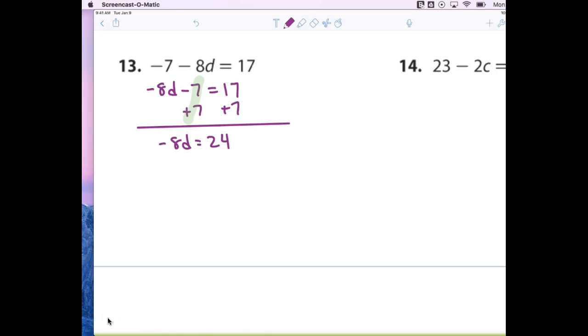Yes. Divide. Good job. Is negative 3. Good. All right, Carter, you're up.